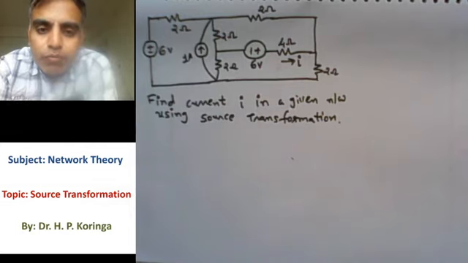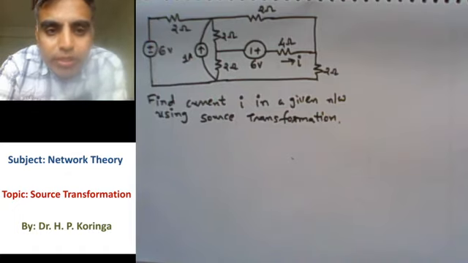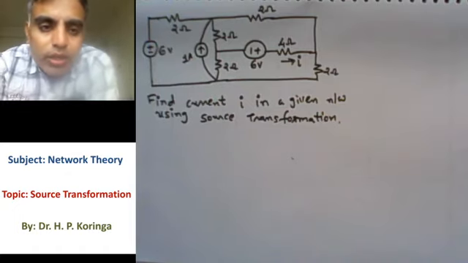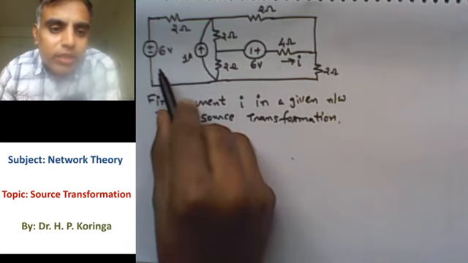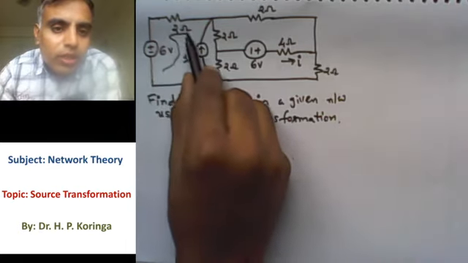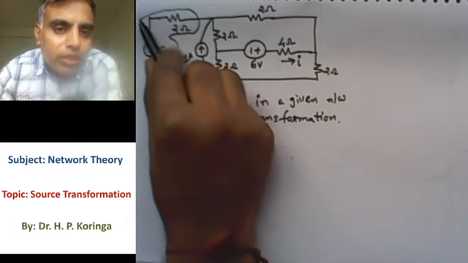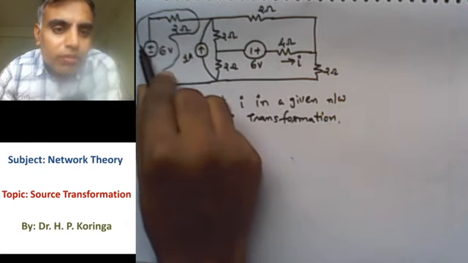We have discussed the 5 different rules. We have to see which rules will apply, where current sources are in parallel or voltage sources are in series, so we can simplify. If we look at this network, this 6 volt and this 2 ohm are in series, so it is a voltage source equivalent network.